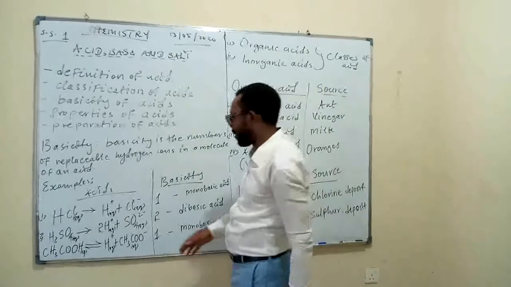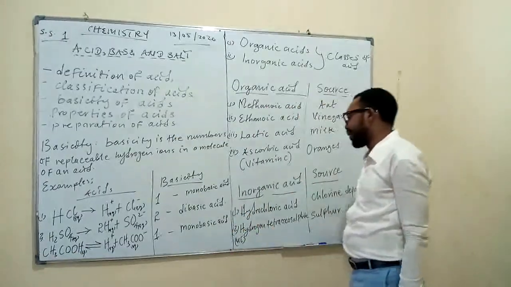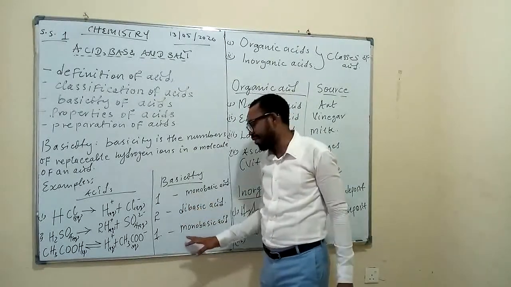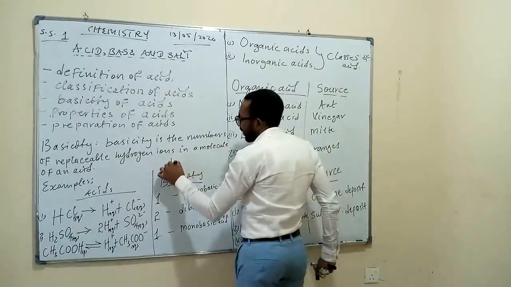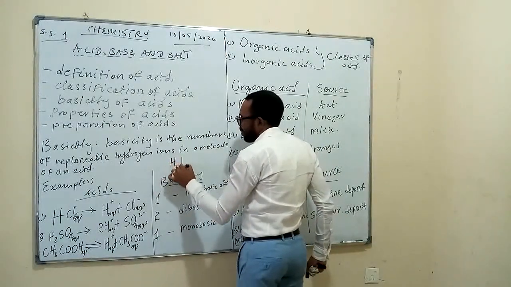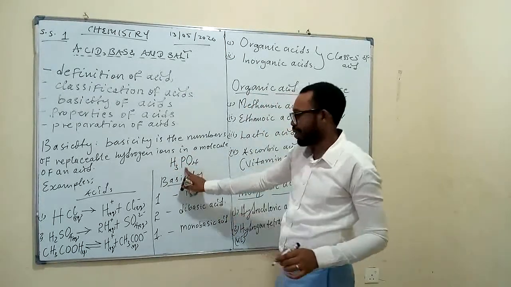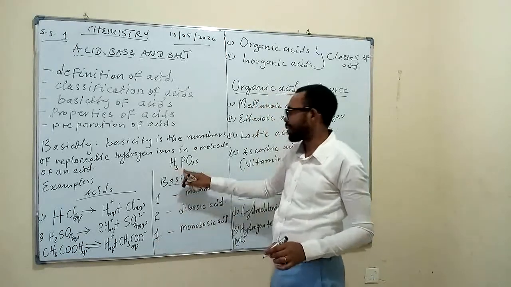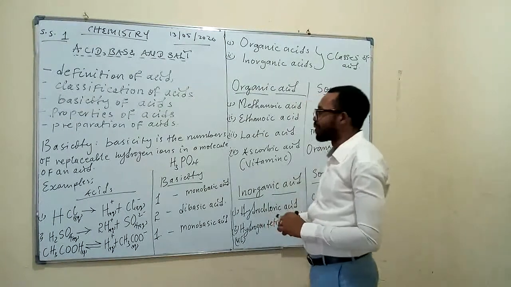Acids are not just dibasic or monobasic. We can have tribasic, such as H3PO4. If you dissolve it in water, it will give 3 hydrogen. So this is tribasic, and so on and so forth.